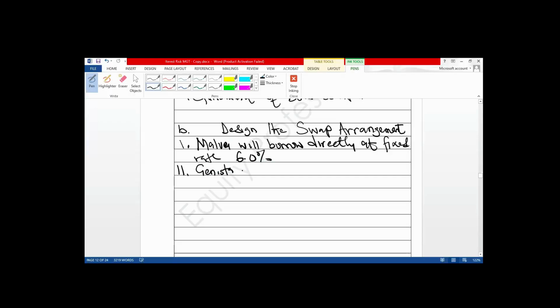Then Jenista has to borrow at floating rates, LIBOR plus 1.2.